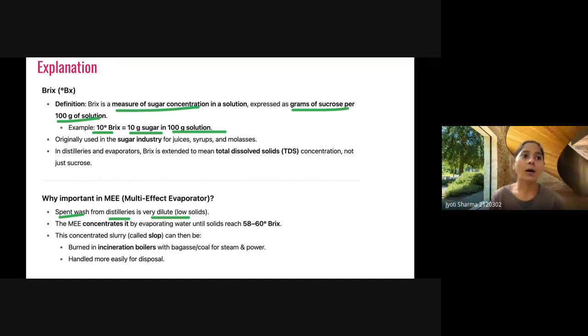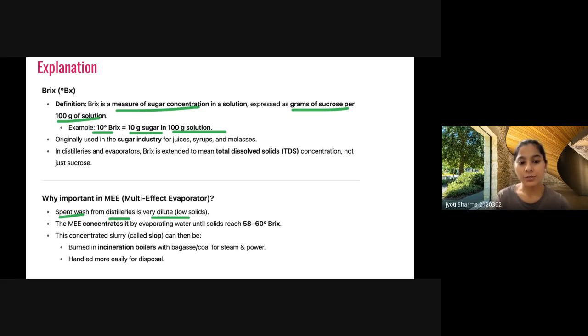So we can't manage it properly, because if we have a higher concentration of sugar in a small amount of water, or a small amount of solution, then we can manage it easily, because the volume will be lesser and the density will be higher.